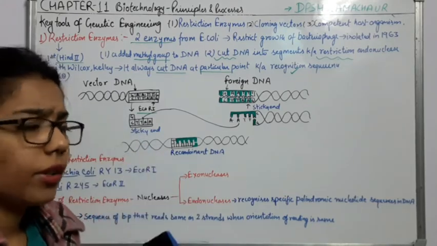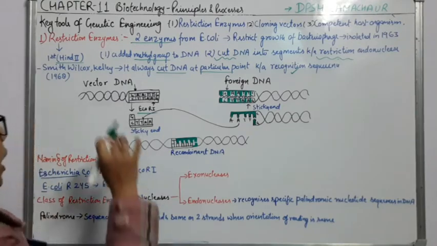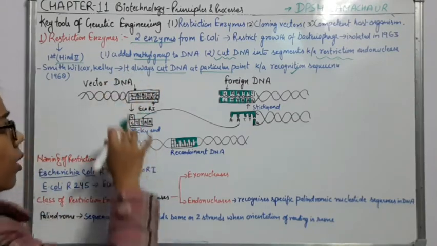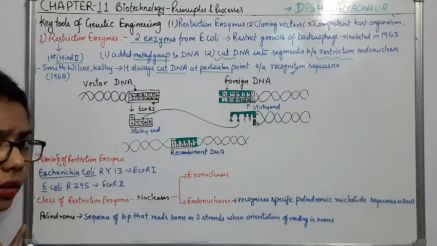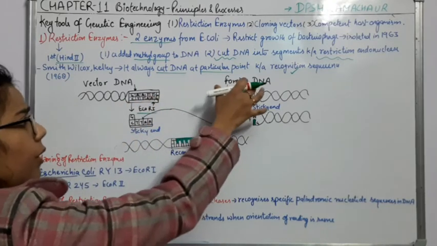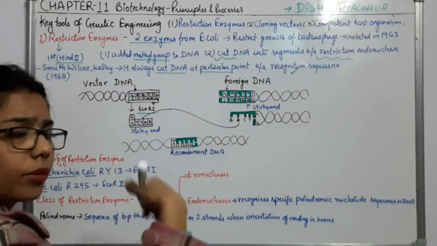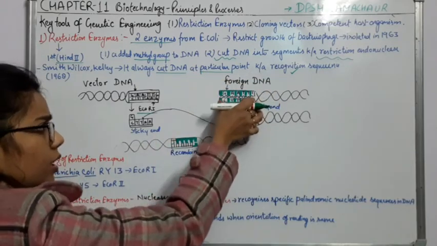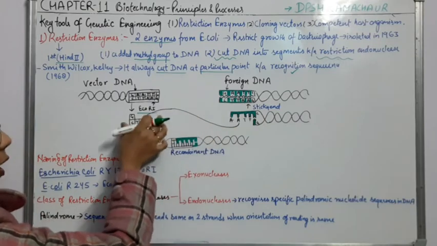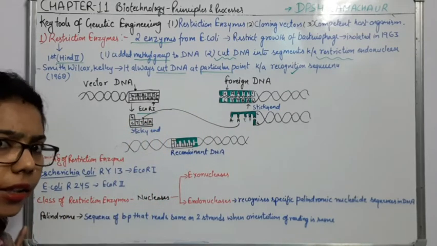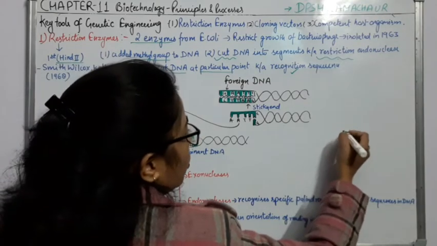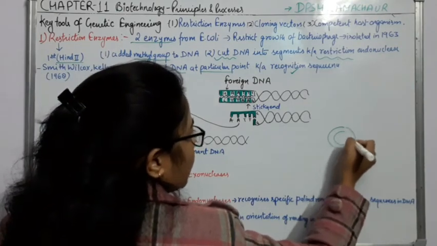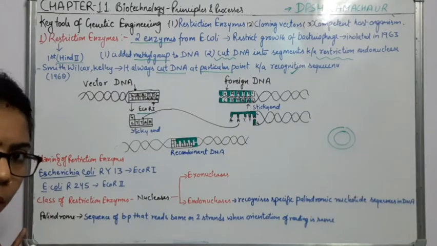Anywhere. So what we have done, we have taken the vector DNA. I have to cut this part, and I have to take this gene of interest from the foreign DNA, and this gene of interest should be incorporated into this vector DNA. In the previous class I showed you that a plasmid can also be the vector.